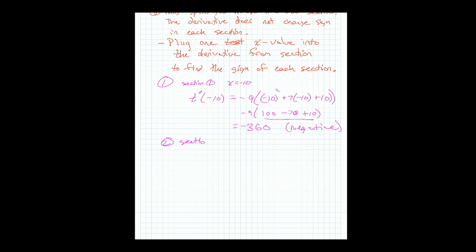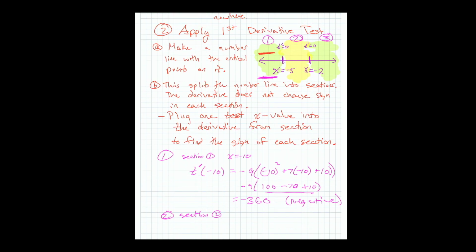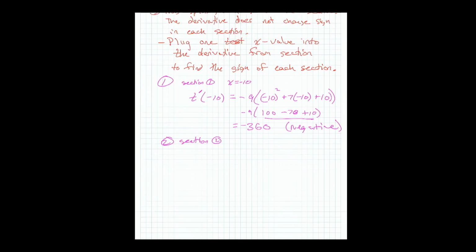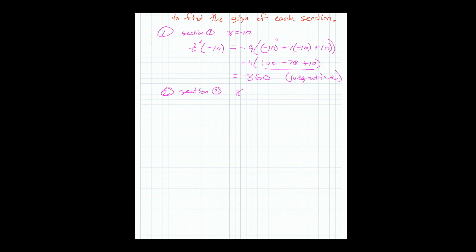Section 2. An x value between negative 5 and negative 2. Whatever you want. I'm going to use negative 3. That's in between negative 5 and negative 2. So you need t prime of negative 3. That's negative 9 times (negative 3 squared, plus 7 times negative 3, plus 10).